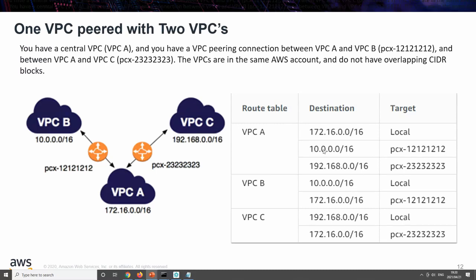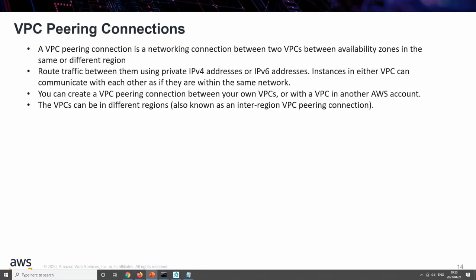Every route table has a limit on the number of entries, about 1,000 routes. So if you have a very complex network, you cannot do a full mesh, because you will run out of route entries that you can add to a route table. In order to address this complexity, we came up with transit gateways.